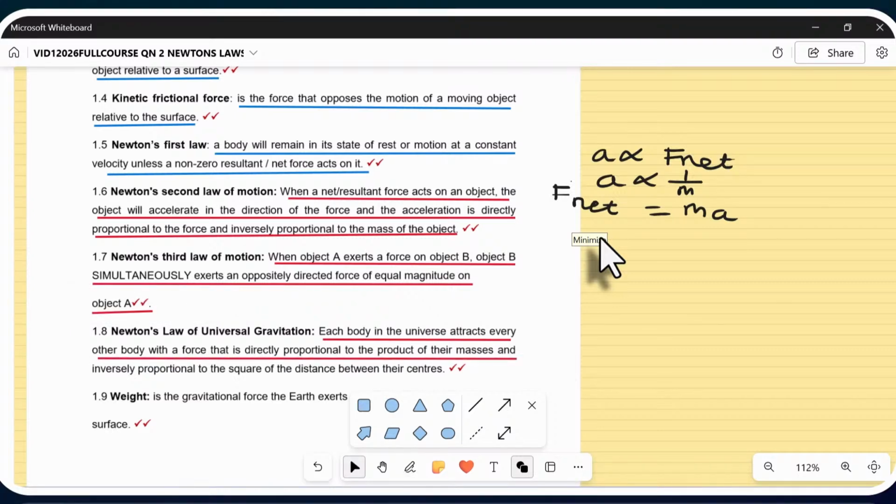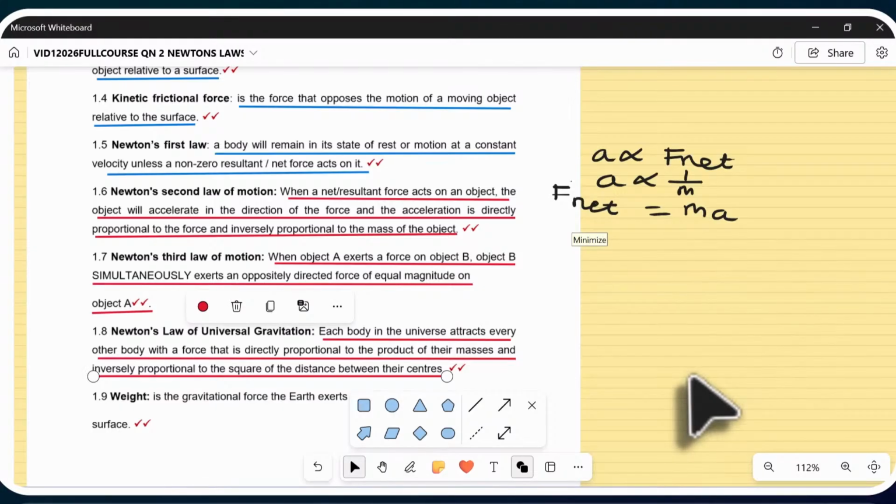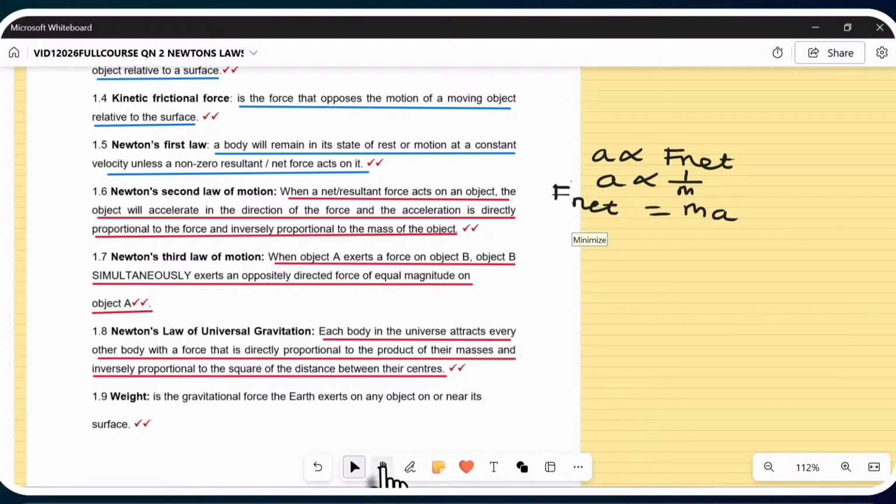And then another one here, though they will not ask you how to define it, is weight. Weight is the gravitational force the Earth exerts on any object on or near its surface. Now, guys, you must know these definitions to get better grades. Are we together?